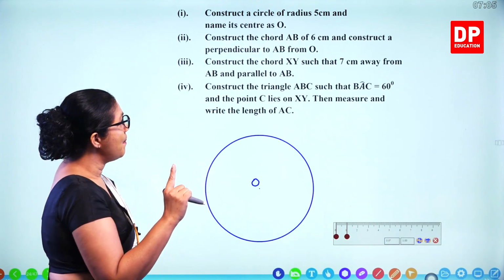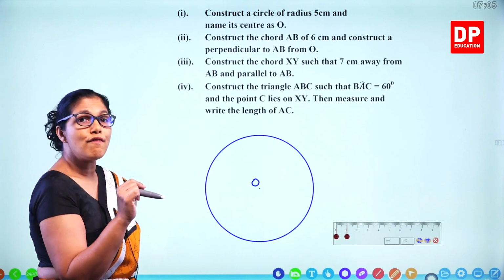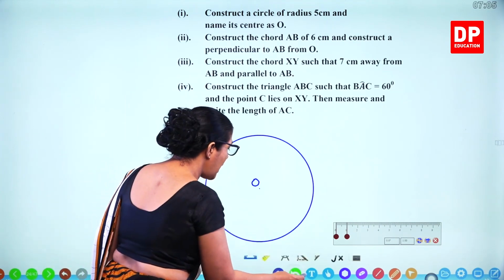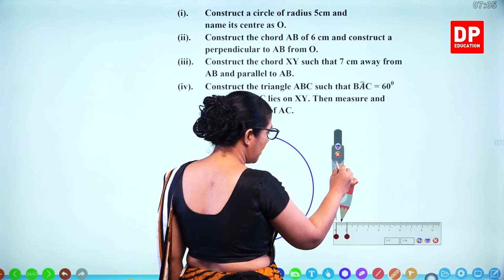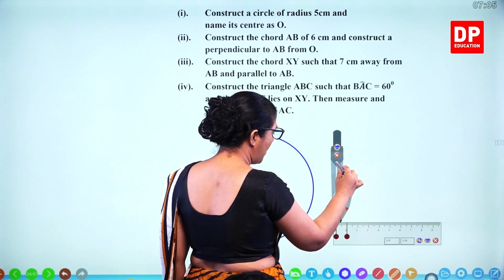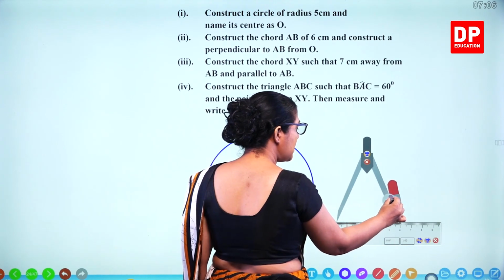Construct the chord AB of 6 cm and construct a perpendicular to AB from O. So we need again the compass to measure 6 cm length. You can draw any chord, but the length is 6 centimeters.